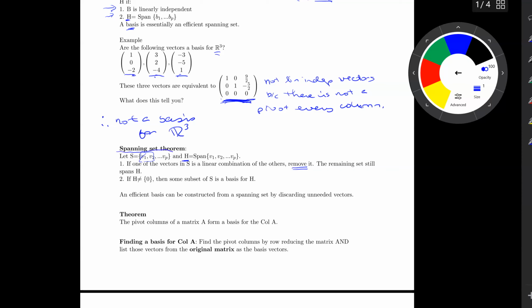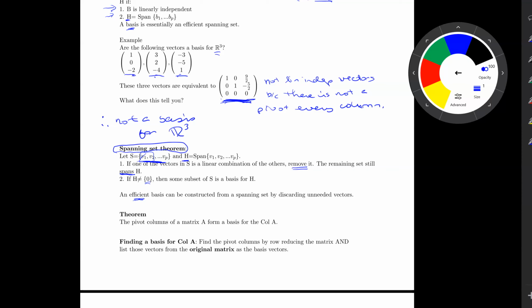So the spanning set theorem is saying, if you have a set and there's a little bit of a relationship, let's take out some vectors and find a basis that way. I'll get rid of vectors so the remaining still span H and are linearly independent. And if H doesn't equal the zero space, if H is not the super trivial case, then some subset of S will be a basis. So this is a method to find the basis, an efficient basis.